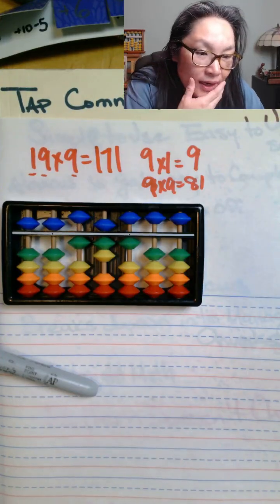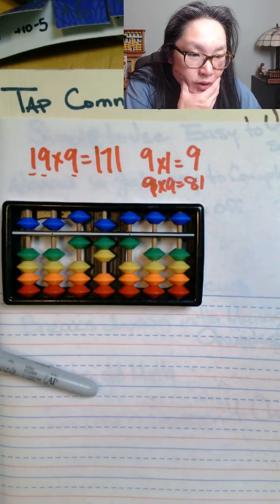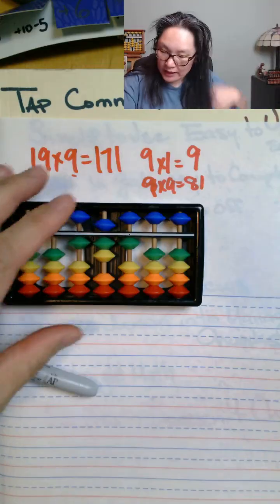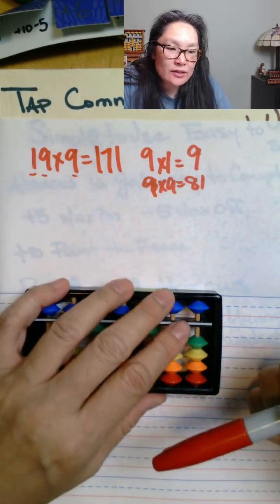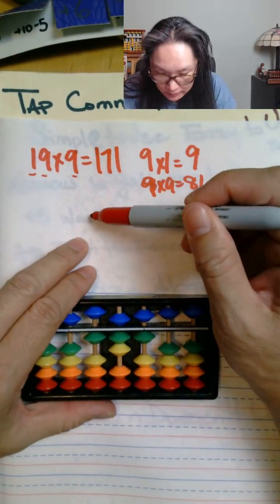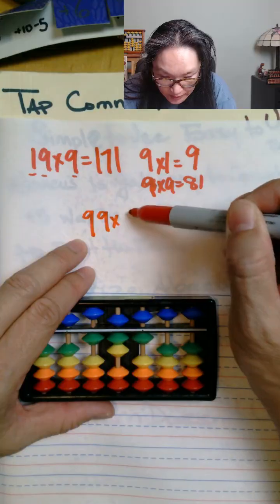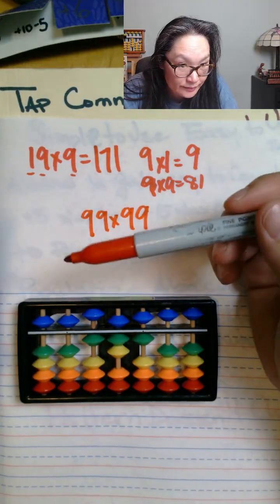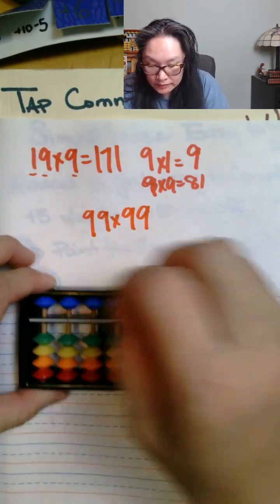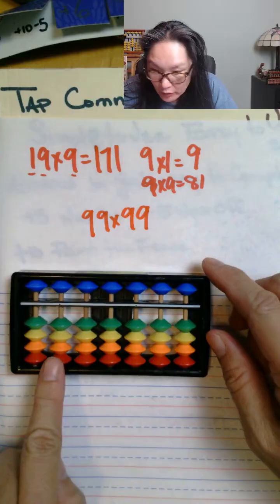Okay. 99 times 99. Are you ready? Okay. So let's do the last one and then we'll do division. You really like nines, don't you, Ethan? You like a lot of nines. 99 times 99. So 1, 2, 3, 4.